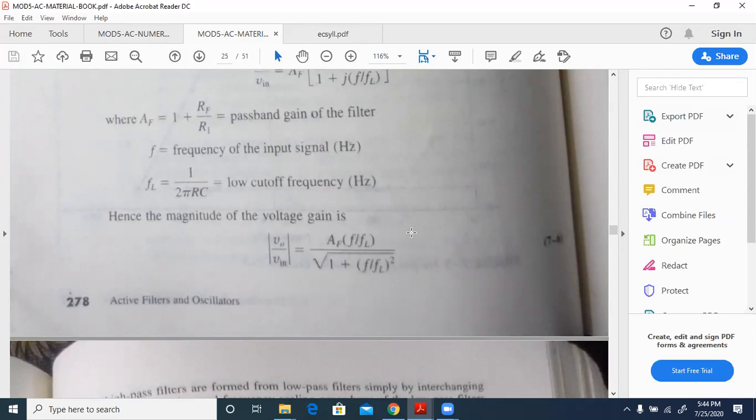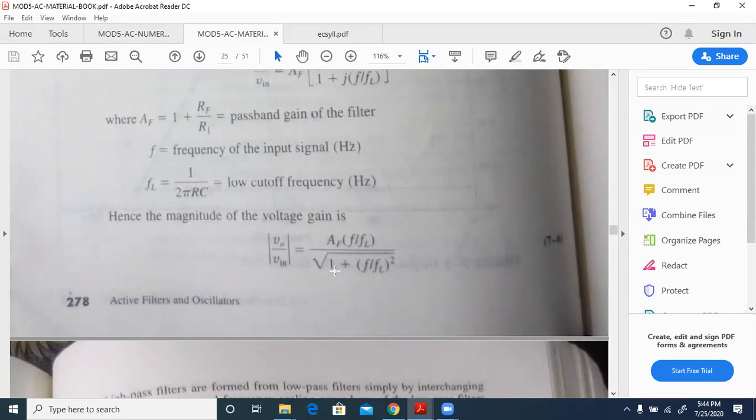So it will be effectively 1 plus FL by F whole square with the root and whatever AF value will be there. So either you write this or you can write that also.